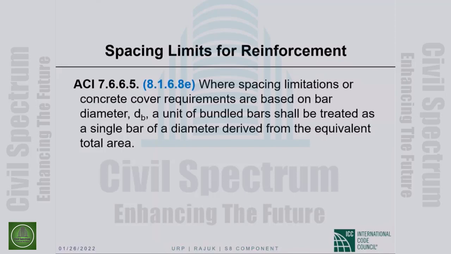So pi by 4 d squared shall be the total area of the 3 bars in the bundle. I think this language is clear. So the spacing of 1 bar diameter would mean that equivalent diameter of the bundle.